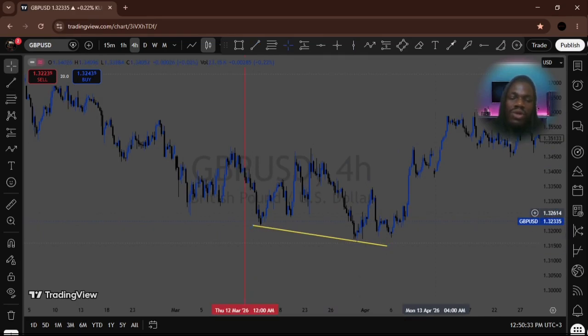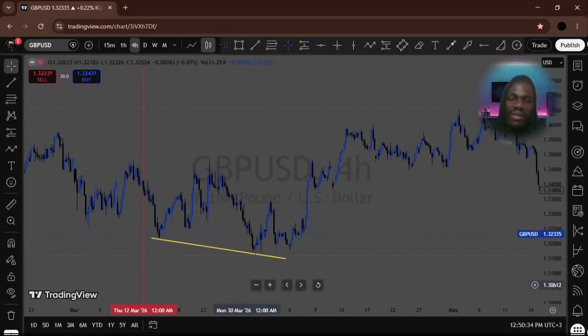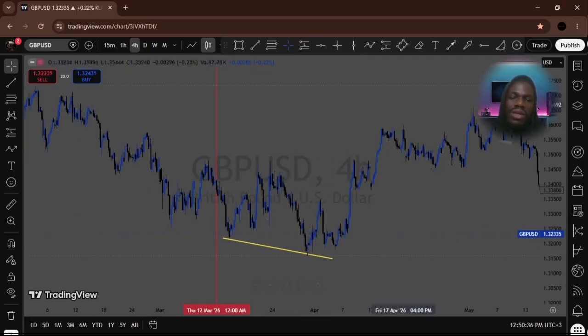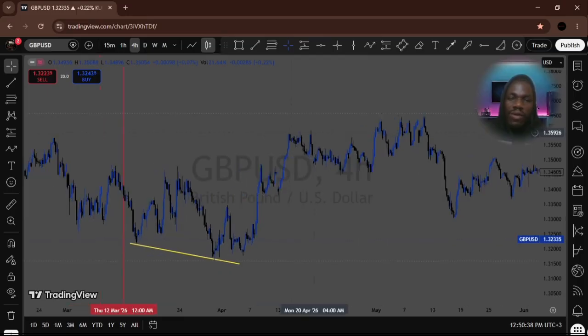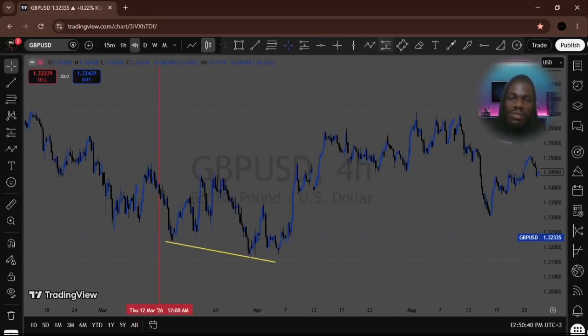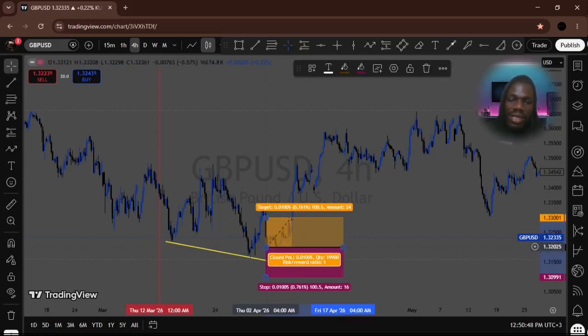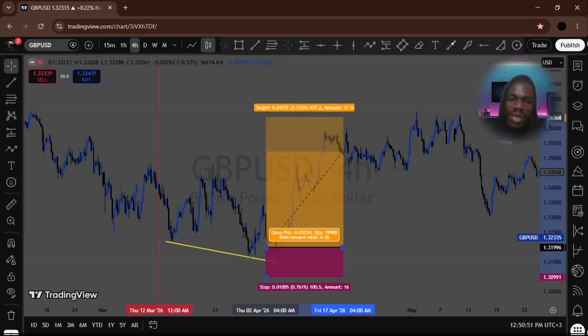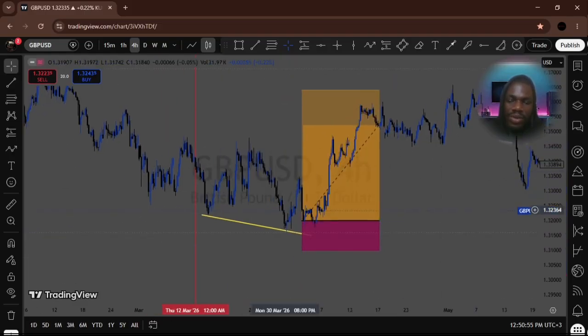This is what we call an SMT divergence in the market. We mostly use this for long-term market reversals; it is mostly used by smart money techniques for long-term market reversals. We could also see this point, where prices were making lower highs.